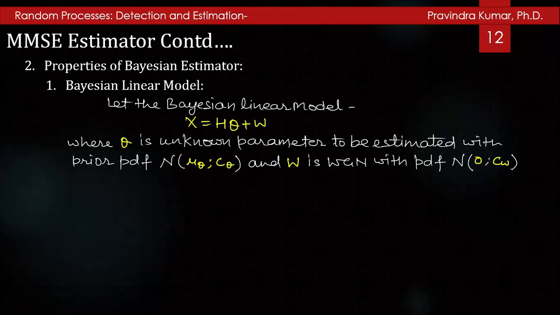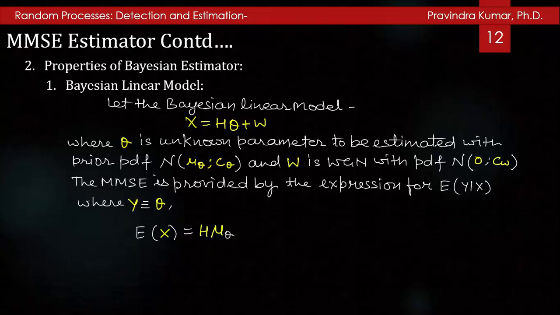The MMSE is provided by the expression for the conditional expectation of y given x, where y is equivalent to θ. So we have expected value of x as Hμθ, and expected value of y is equal to μθ.